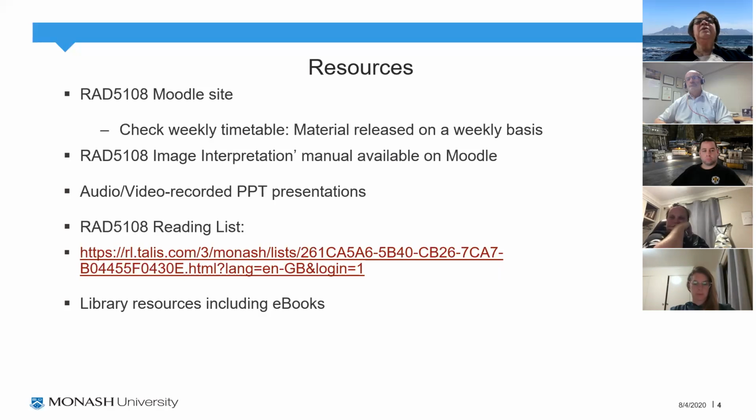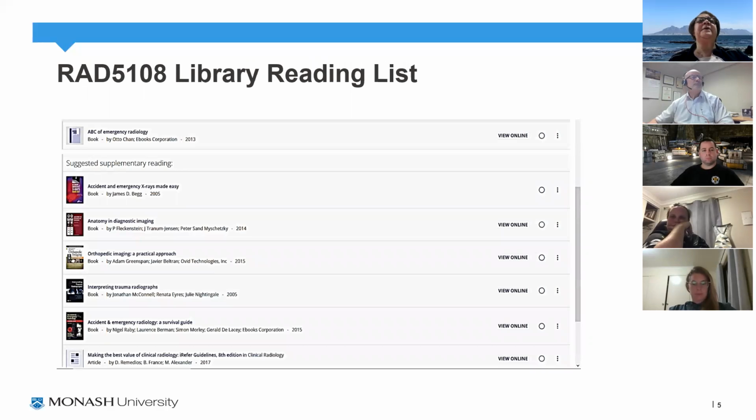And then I've given you a link to the reading list, which is also available on the Moodle site, and that includes the ebooks. Similar to what we did in first semester, with some of those we will link directly to the page, so that if you need to look at the spine, it will take you directly to the spine. And this is the reading list, so you can see all of the ebooks that are available for this unit.